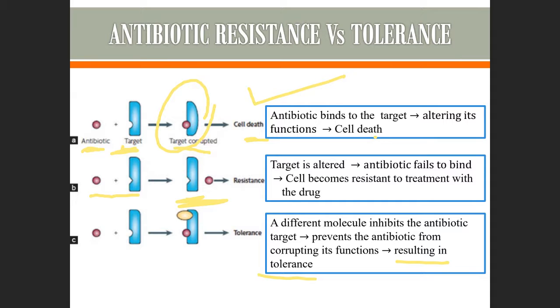This is what we are talking about, resulting in tolerance. Why? Because the drug is bound to the target site, but it causes some resistance, and because of that the cell is altered and is not properly showing function.